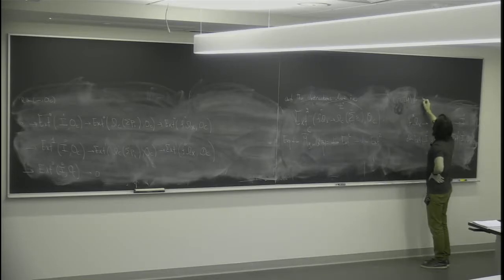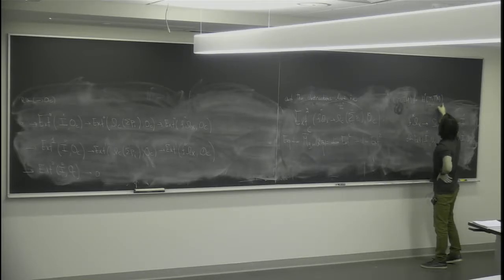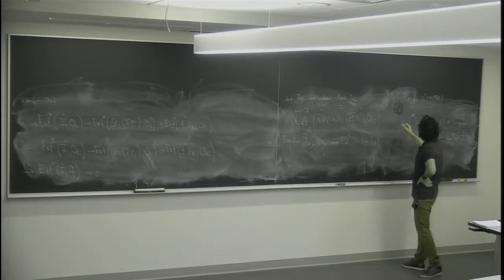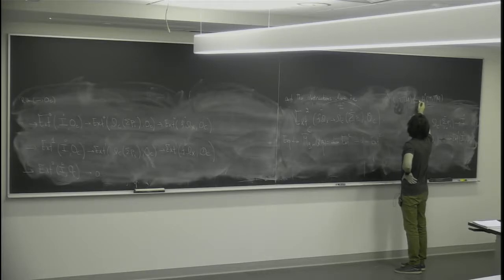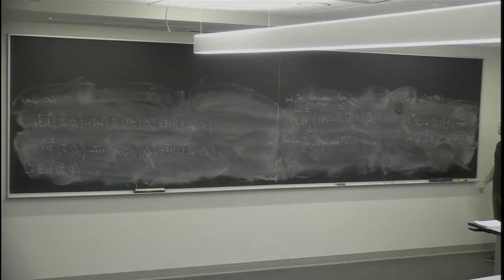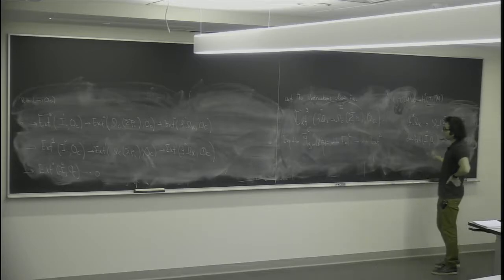This is the obstruction space, and this is the deformation space. Of course, the Kuranishi map is a holomorphic map from an open subset in here into here. And so the expected dimension of the moduli space of your manifold is the dimension of this minus the dimension of that, right? That's what we are trying to do.